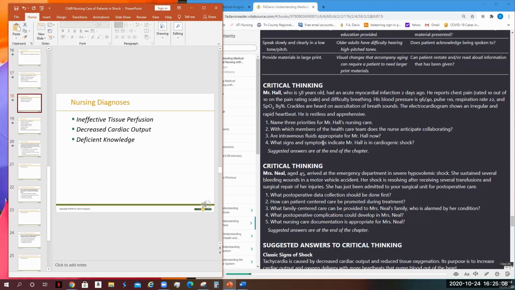The healthcare provider and case manager. Number 3, are IV fluids appropriate for Mr. Hall now? No, because Mr. Hall's lung sounds reveal crackles indicating fluid in the lungs. He should not be given IV fluids.